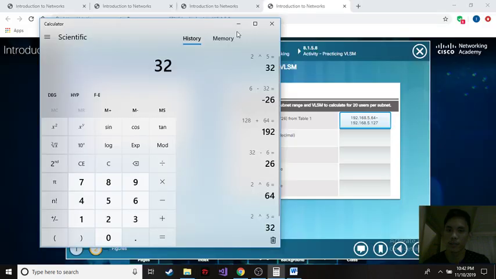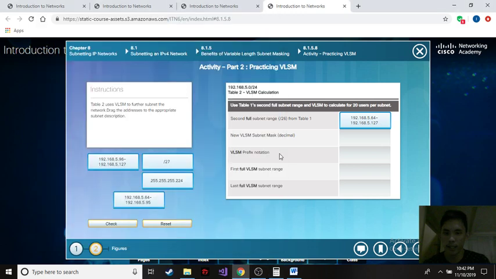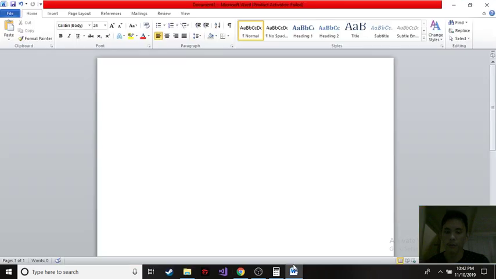So our borrowed bits should be 5, and we're going to subtract it from 32. 32 minus 5 equals 27. So now we get the representation /27. That should be the answer here, and we will compute the subnet mask decimal. So we have 27 ones.